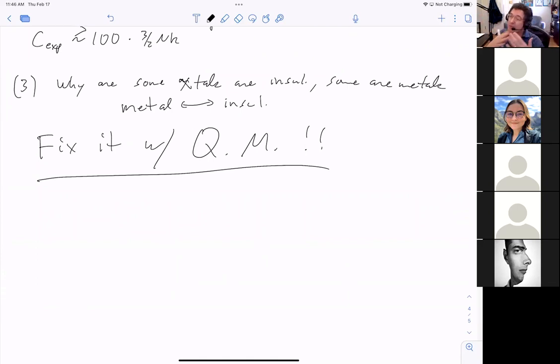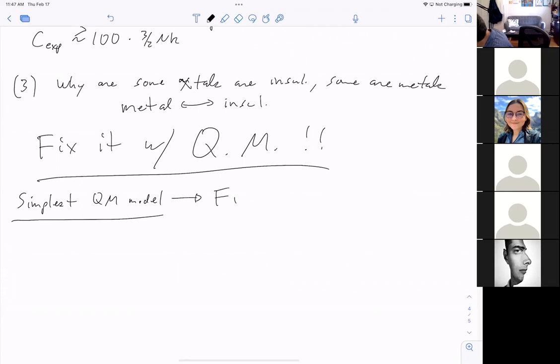So let's consider the simplest quantum mechanical model of electrons in a crystal. We're going to do a simple one, then we're going to do a harder one later, but we'll start with the simple one. And the simple one works pretty well. So it's worth learning, but it doesn't get band structure right, but it gets a lot of other stuff right. The simplest quantum mechanical model we call the free electron model.